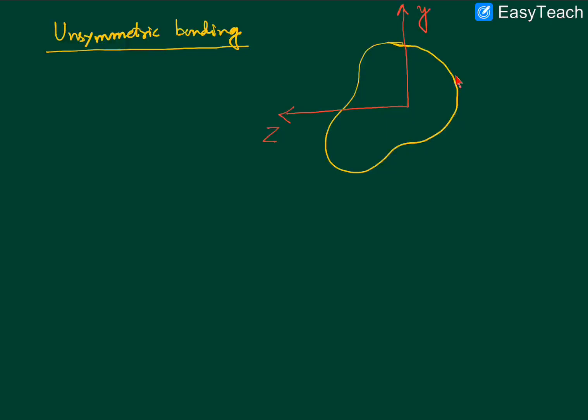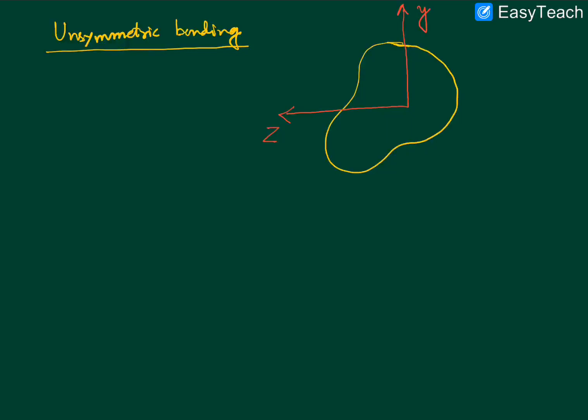I just want to guarantee that the neutral axis will pass through this particular origin. Because in the previous page I had just proven that whether it is symmetric or unsymmetric bending of beams, the neutral axis is guaranteed to pass through the centroid. So if I choose the origin of my coordinate axes y and z to be at the centroid, the neutral axis is guaranteed to pass through the origin of this coordinate system also.